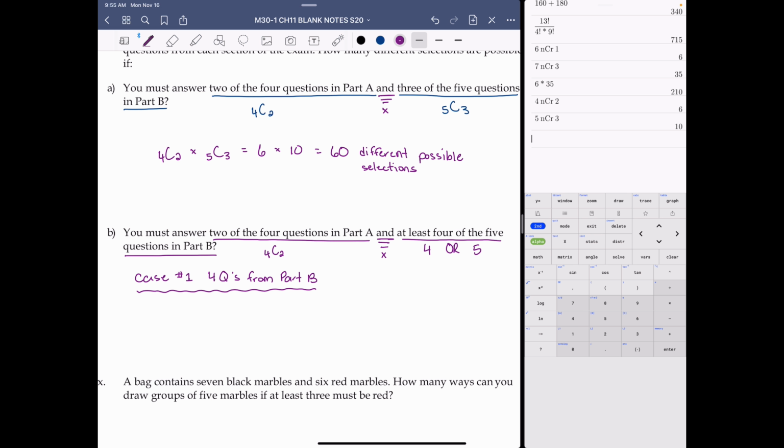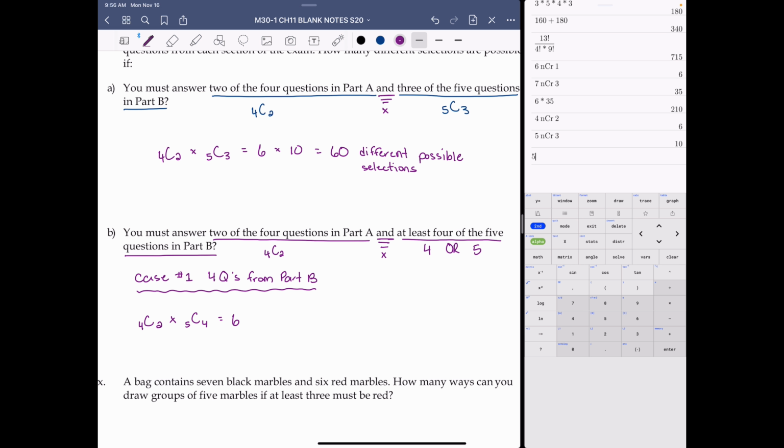And in that case, we have the 2 questions we choose from part A, so 4C2, times the 4 questions from part B. We calculate that. 4 choose 2, we have from above, that was 6.